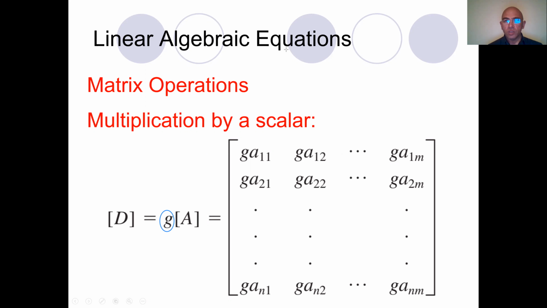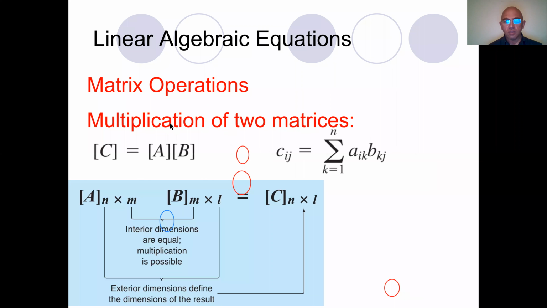The members of the new matrix are the multiplication of the members of the original matrix with the scalar value. You multiply all the members simply. Okay, this is how we do the multiplication by a scalar.